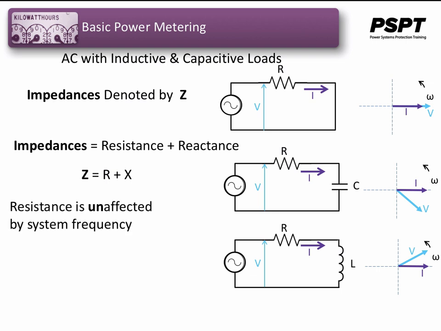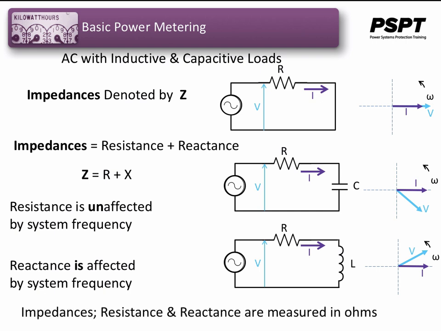Resistance is unaffected by system frequency. However, the reactance is affected by system frequency, and it depends on whether it's a capacitive reactance or an inductive reactance. For the purposes of metering in a power system that has 60 cycles per second, we don't usually worry about the frequency because that remains unchanged when metering.